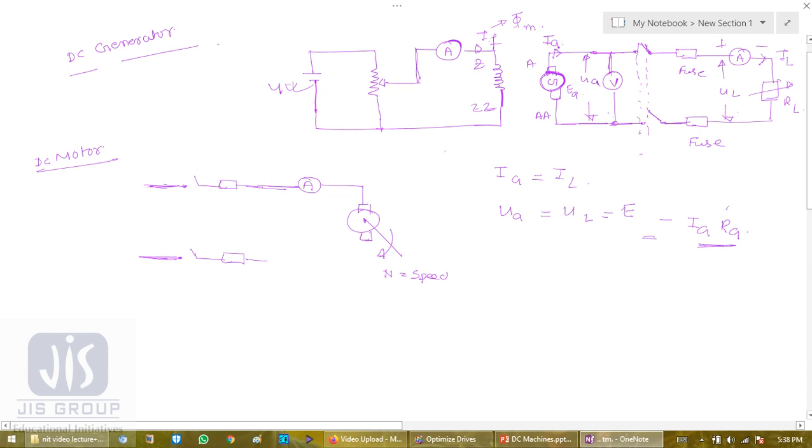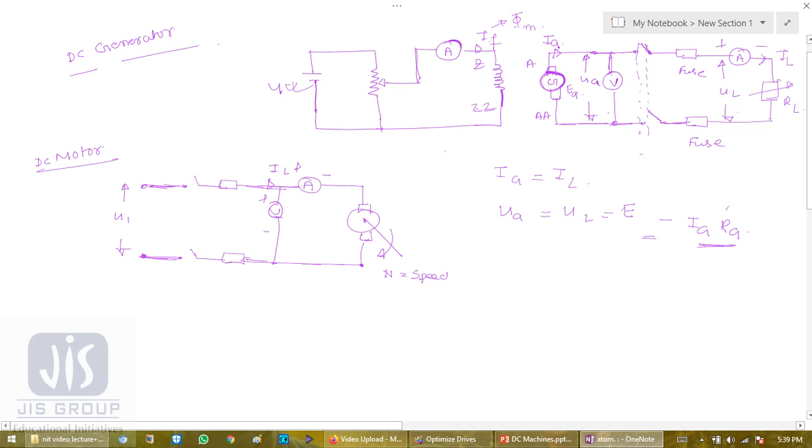Now giving supply to the motor. So this is Q1. I will connect a DC voltmeter here to measure the voltage. So this is the load now, current plus minus.